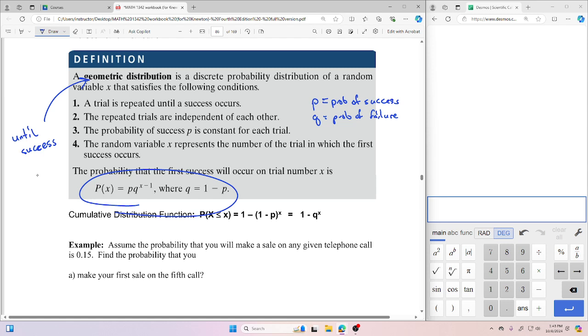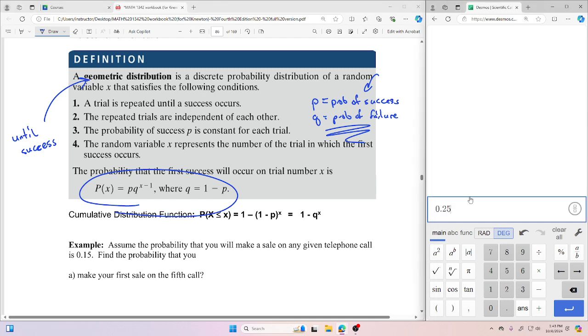So until success. What's happening is that we're going to multiply a whole bunch of failures and then one success. Let's do something that's 25% probable. Let's say you're going to keep handing out cards until you get a spade. I know this is not really perfect geometric, but let's go with something similar.